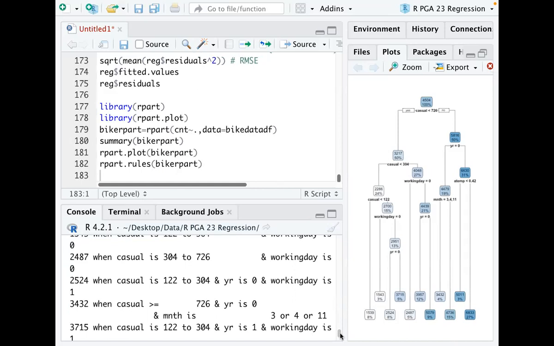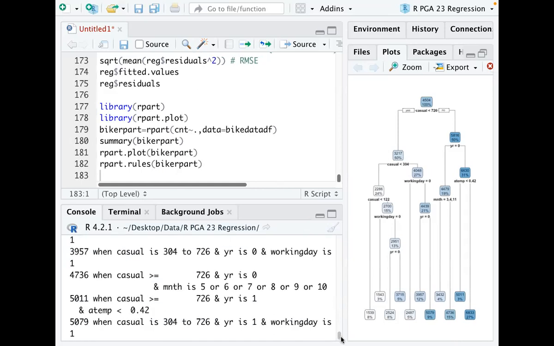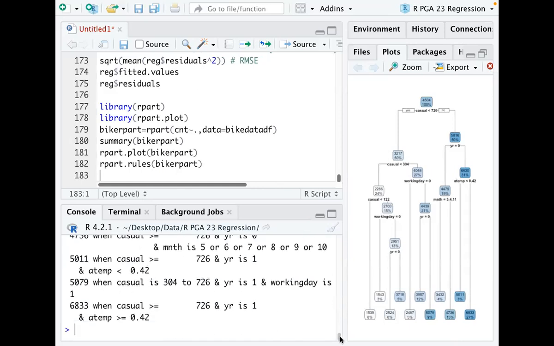So you have different rules for different demands. Highest demand rule is this: 6833 when casual is greater than 726 and year is 1 and atemp is greater than or equal to 0.42.